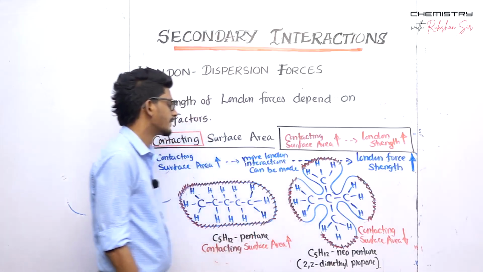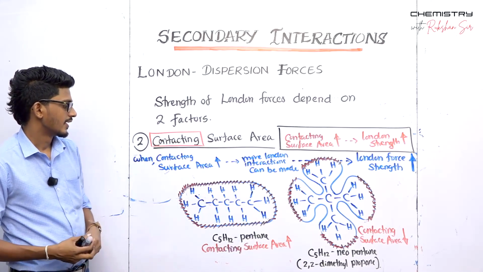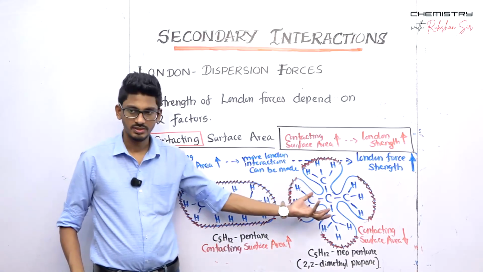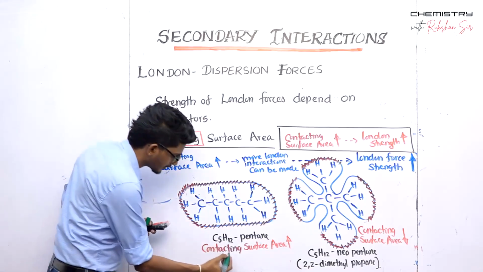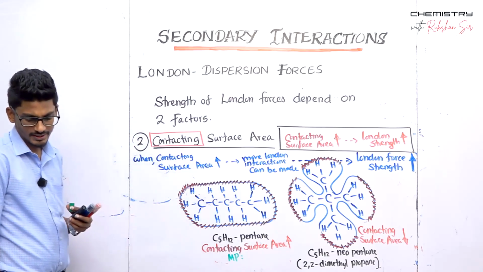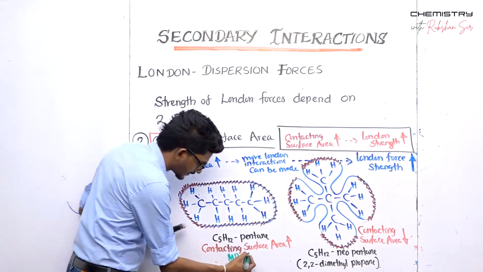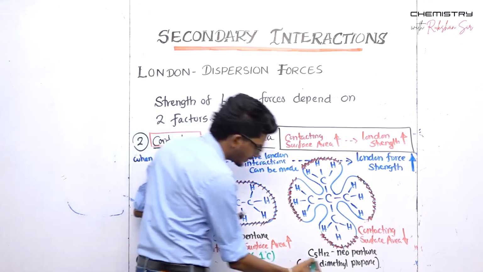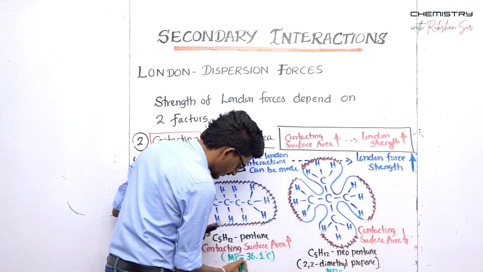So ultimately, as the practical observation, they have seen the melting point of this thing is actually greater than this one. When they carried out the melting point experiments, the melting point of this thing was like 36.1 Celsius, but the melting point of this thing was like 9 Celsius.